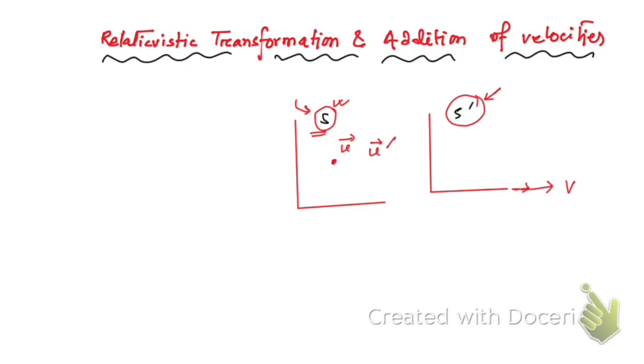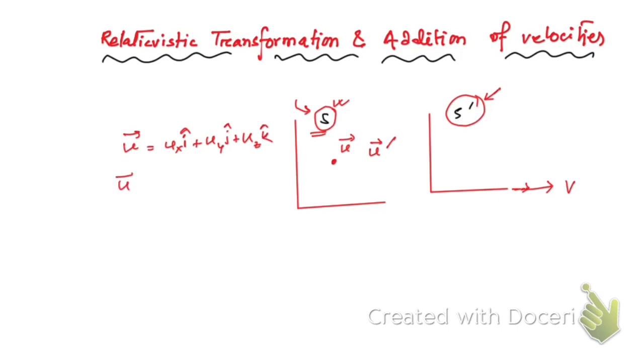So now this u must have three components along x-axis, y-axis and z-axis. We are considering 3D space, so u is ux i cap plus uy j cap plus uz k cap.